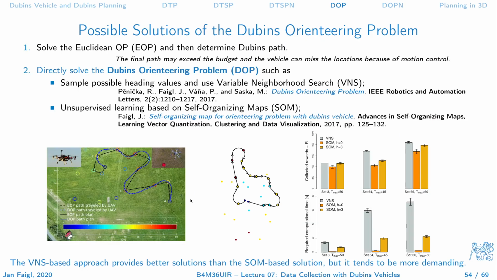We already discussed that Dubins orienteering problem can be addressed by variable neighborhood search, but we can ask if it is really needed to address Dubins orienteering problem directly or explicitly, because we can use the Euclidean orienteering problem. We can determine the solution, and then from the solution we can determine the Dubins path.